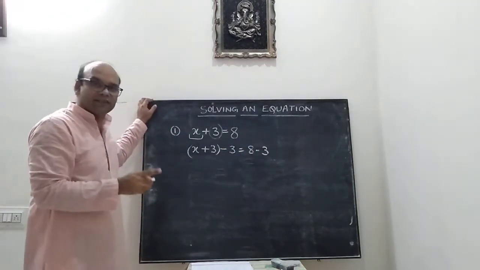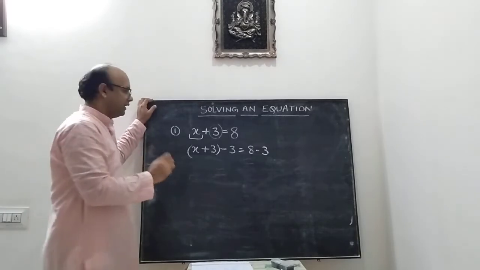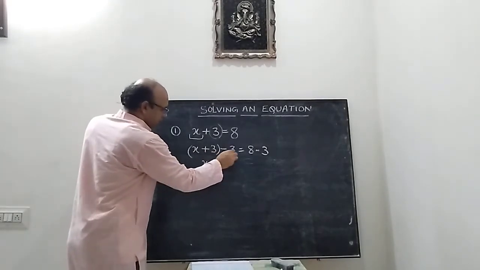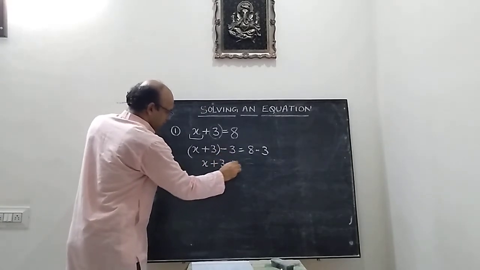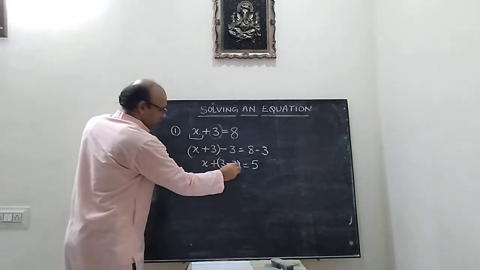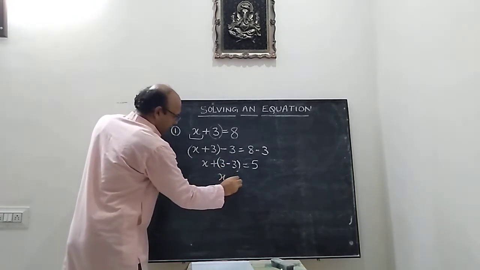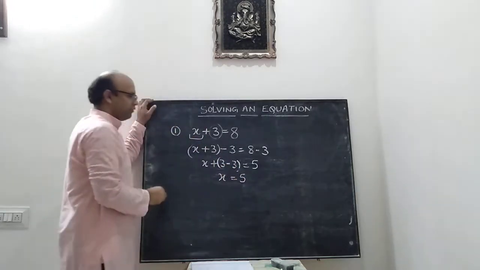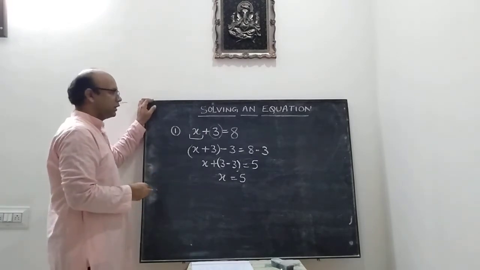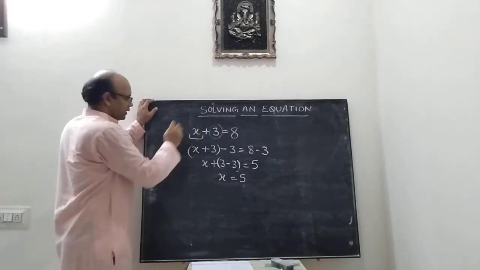We are subtracting the same quantity from both sides. Now this is x plus 3 minus 3. We are using the associative property. 3 minus 3 is 0, so x will now become 5. The value of x is equal to 5. This is the solution of this equation.